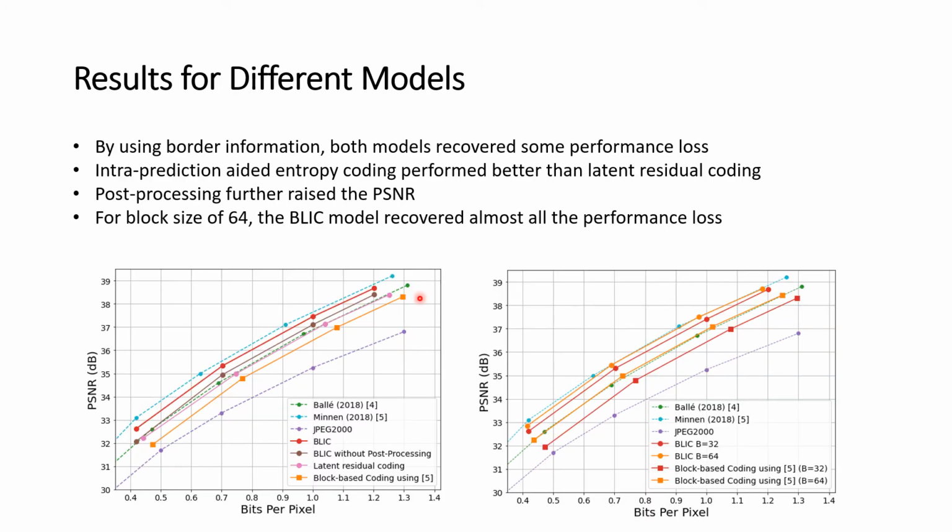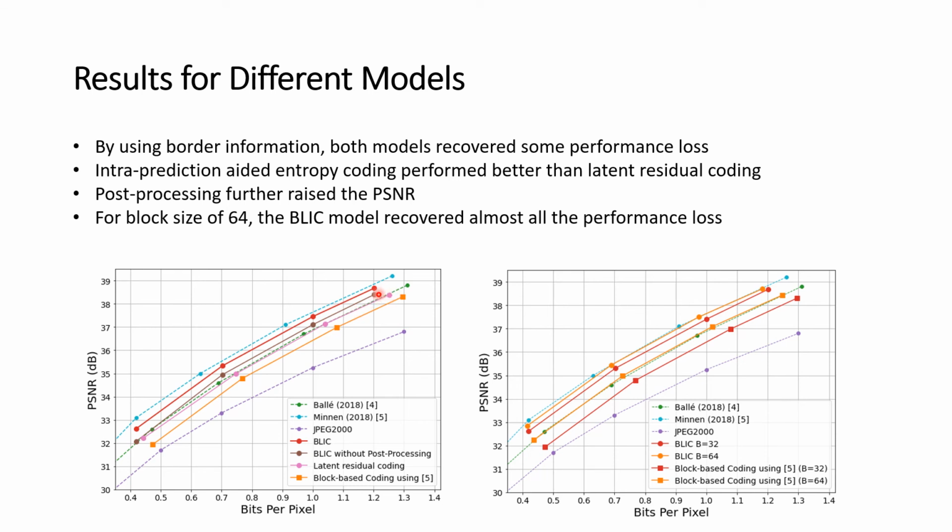Here we compare the performance of different models. The orange curve in this plot is when we use the VAE to code small blocks directly without any border prediction. By using border prediction, we recover some performance loss in both the latent residual coding model, which is shown in the pink curve, and the BLIC model, which is shown in the brown curve.